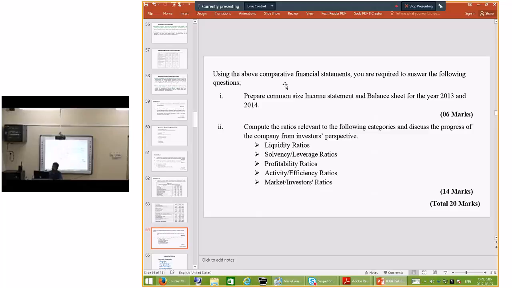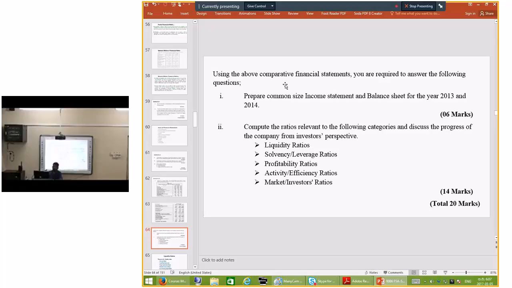Second one: compute the ratios relevant to the following categories and discuss the progress of the company from an investor's perspective. Liquidity ratio, solvency ratio, profitability ratio, activity ratios, and market or investor ratios. Here it is very important to know that we are asking about ratios in a broader sense, right?